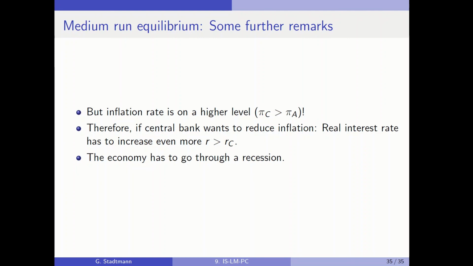So in scenario C, the inflation rate is higher than in scenario A. In case the central bank wants to reduce the inflation rate, then the real interest rate has to increase even more. The real interest rate has to be higher than the real interest rate level RC. This implies that when the central bank wants to bring down the inflation rate, the economy has to go through a phase of recession.